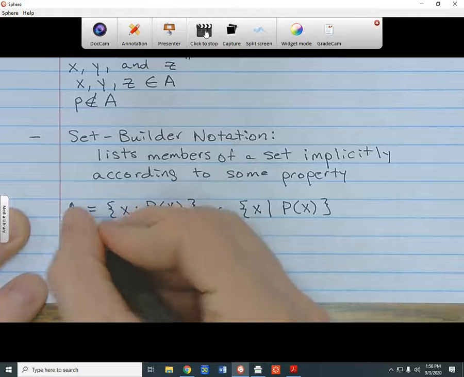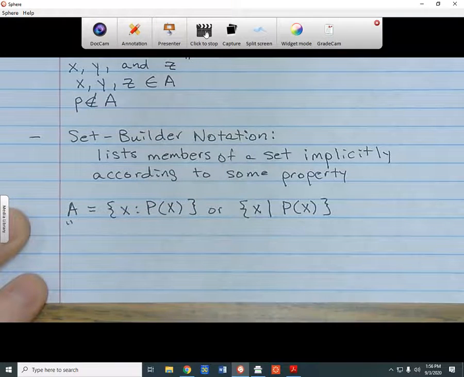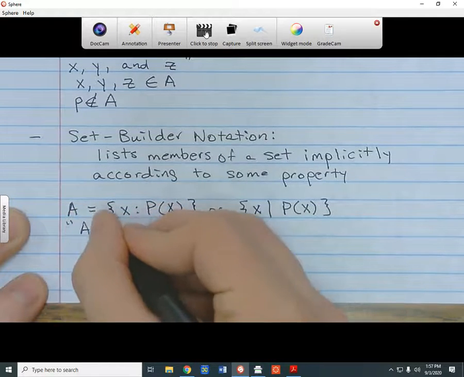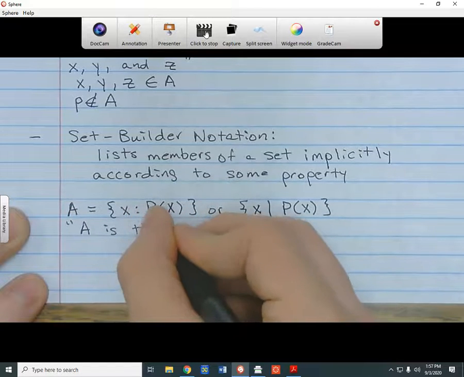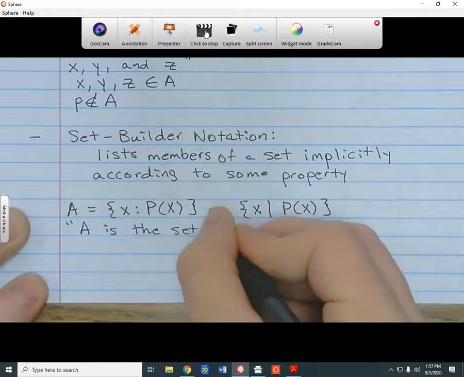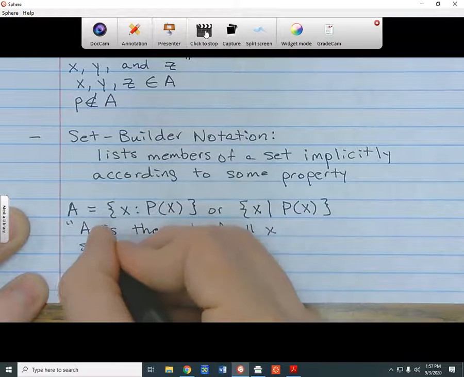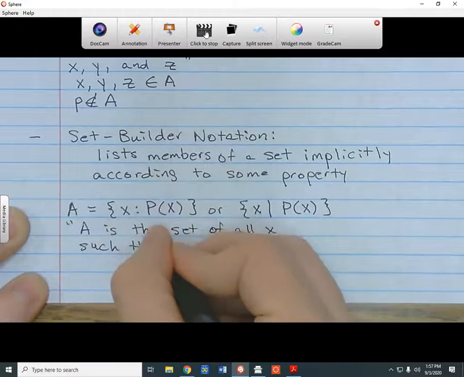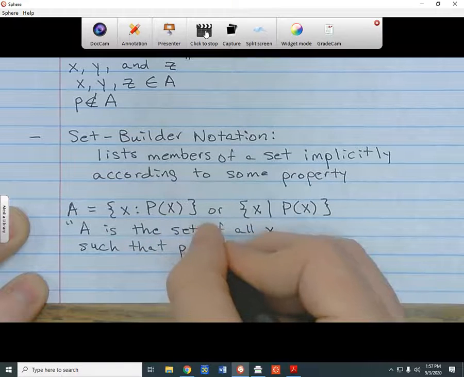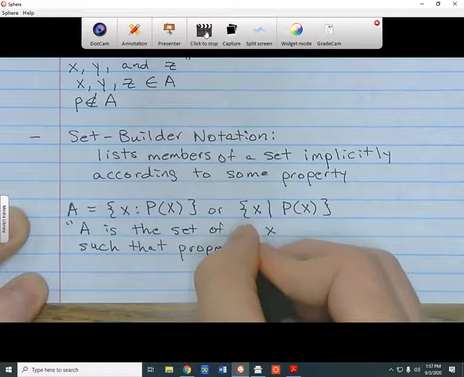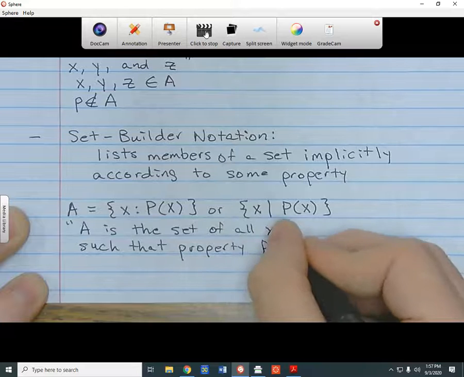The way we would say this in words is A is the set of all X such that the property P of X holds.